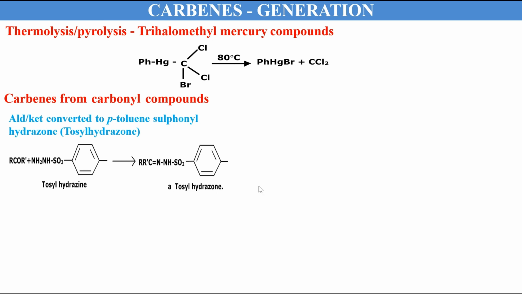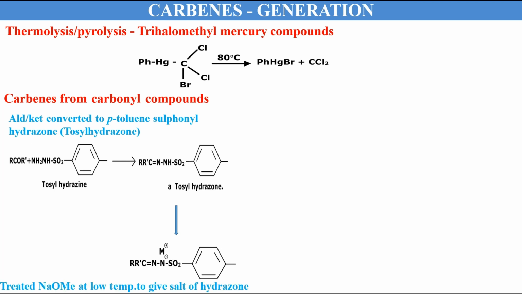The tosyl hydrazone, when I treat it with sodium methoxide, Na+ OMe-: OMe- abstracts a proton from here, it becomes N-, and this combines with the metal and forms the sodium salt of the corresponding hydrazone.